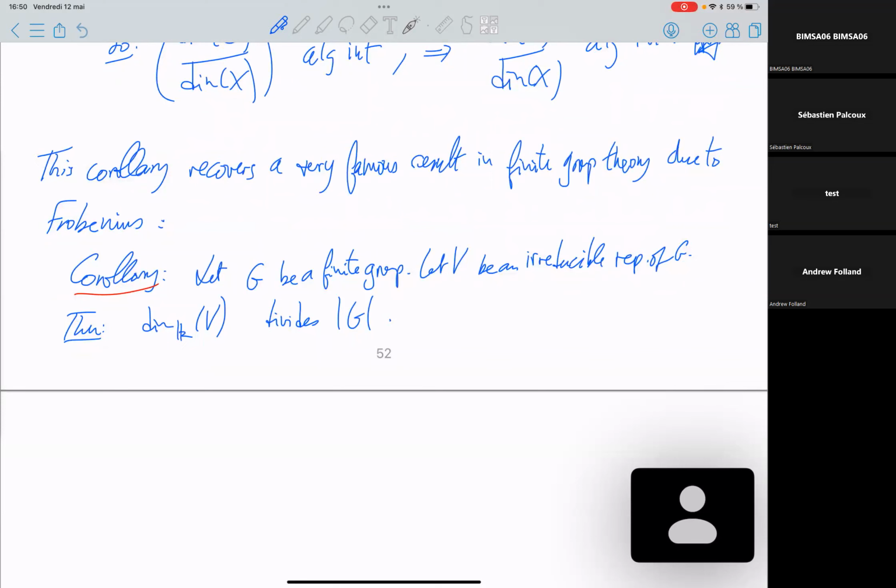Proof. The proof is just the previous corollary applied to C equal Rep G, which is premodular, spherical braided, and in fact pseudo-unitary premodular.